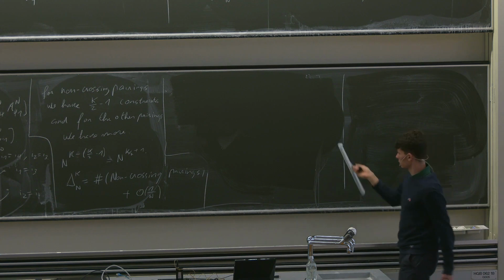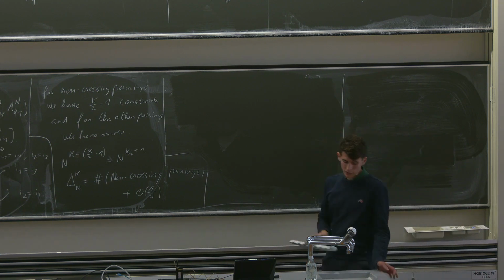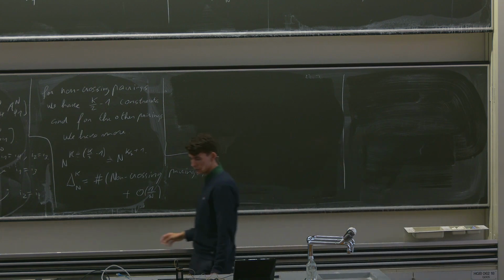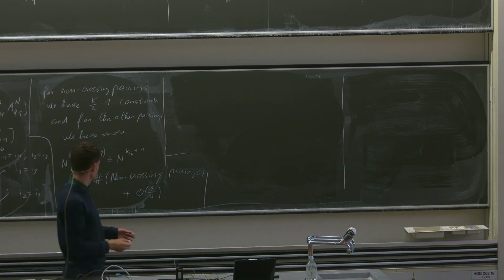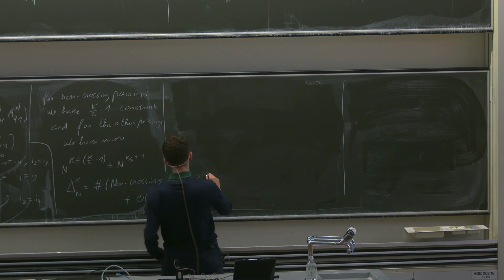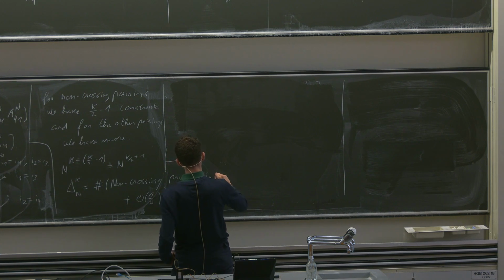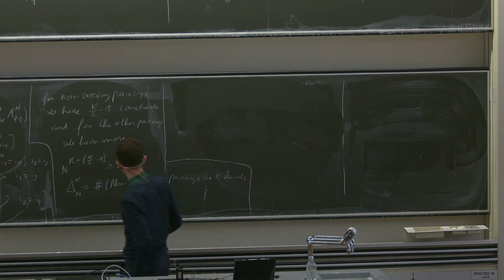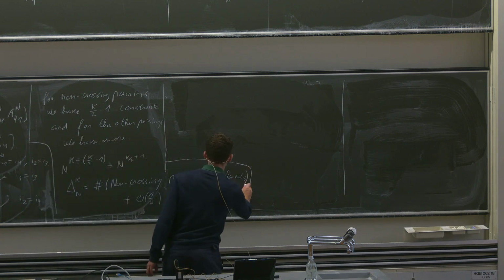And this is where some very interesting combinatorial quantity comes in, and this is going to be the last surprise of the talk. So what is this number of non-crossing pairings on the k elements? We assume that k is even, so it makes sense to do this.